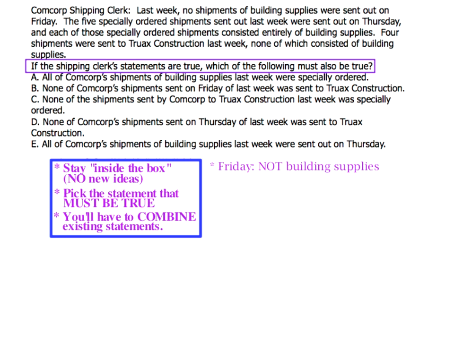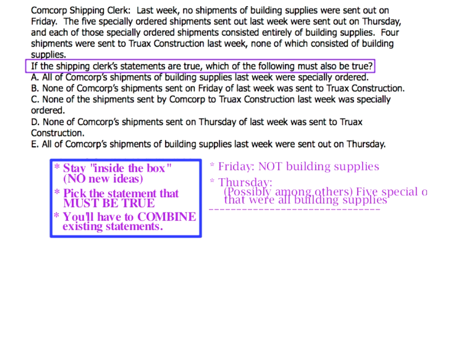Thursday, you had 5 special orders. Notice that it's not necessarily everything that went out on Thursday, but possibly among other things, you had 5 special orders, and that consisted entirely of building supplies.